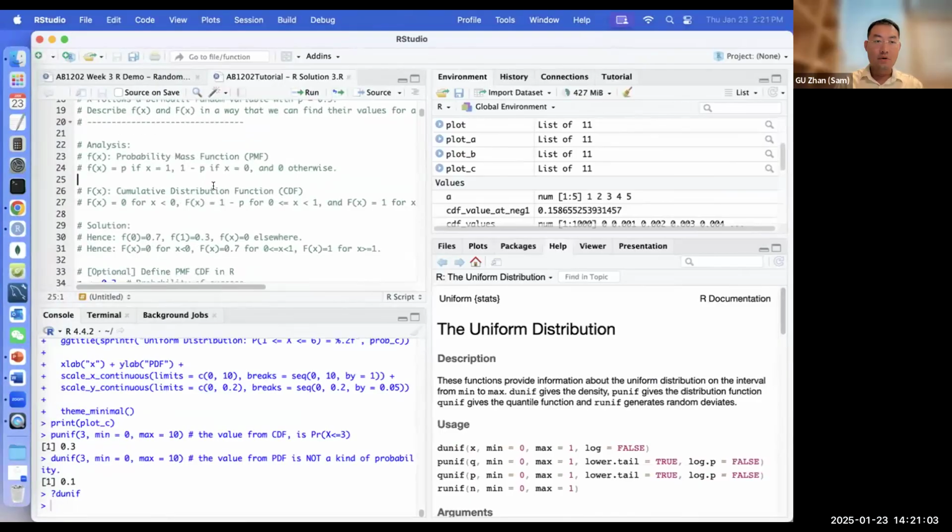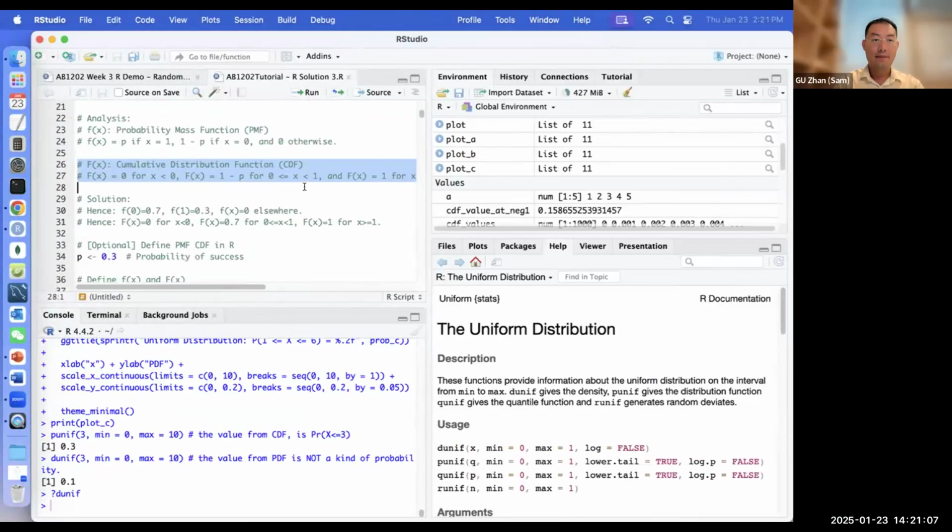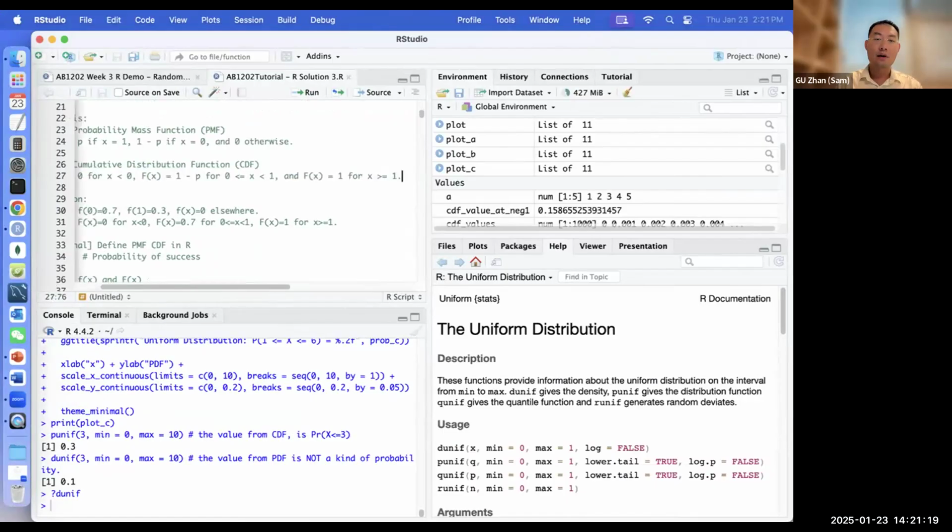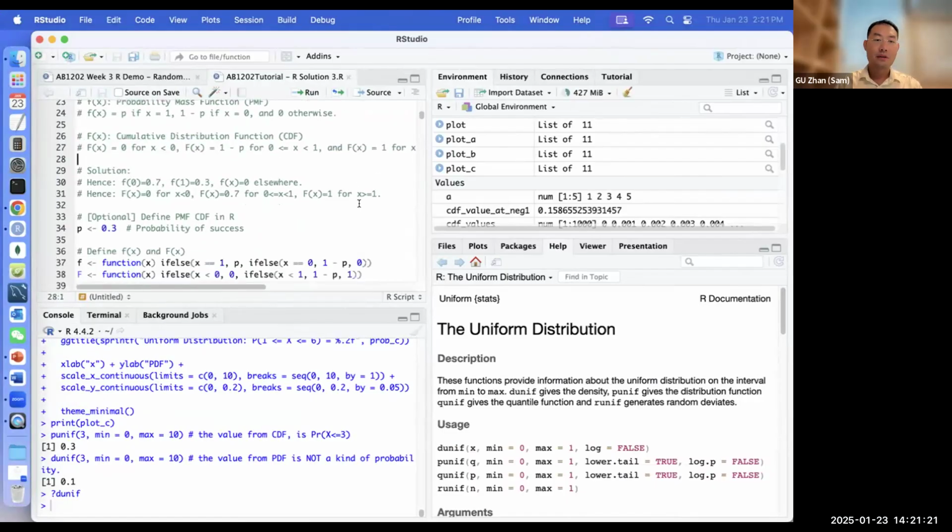Okay, now for cumulative distribution function, Fx equal to 0 when x lesser than 0. Now Fx is 1 minus P for any value in between 0 and 1, and Fx equal to 1 when x greater than 1. So you have a look at the solution. So f0 is 0.7, f1 is 0.3, and fx equal to 0 elsewhere.